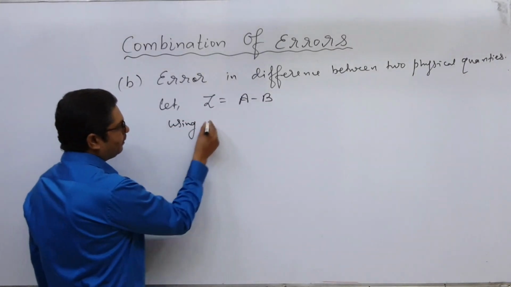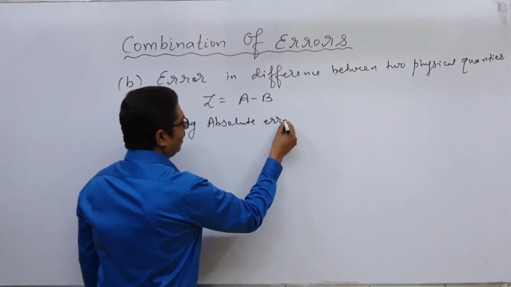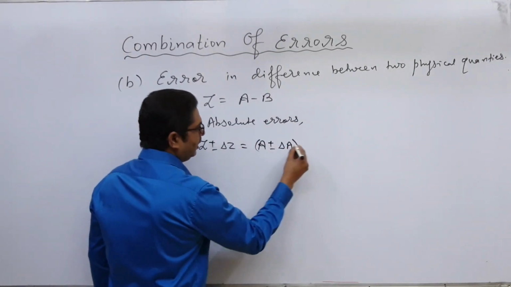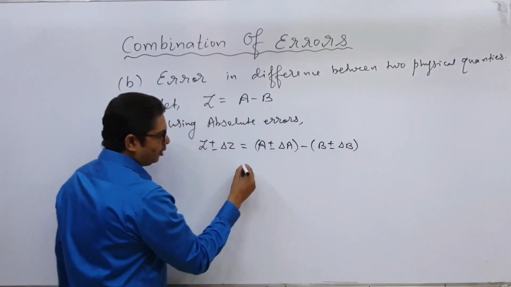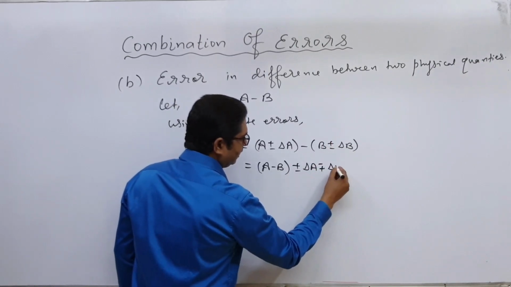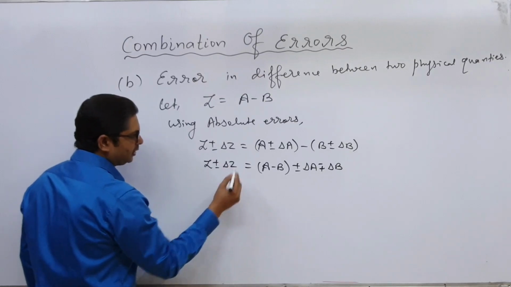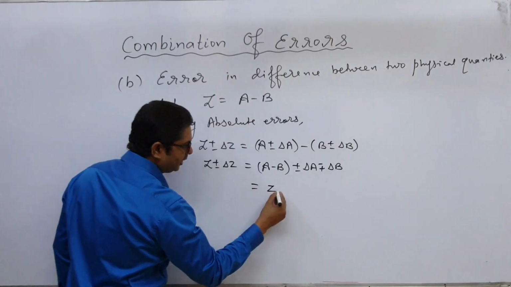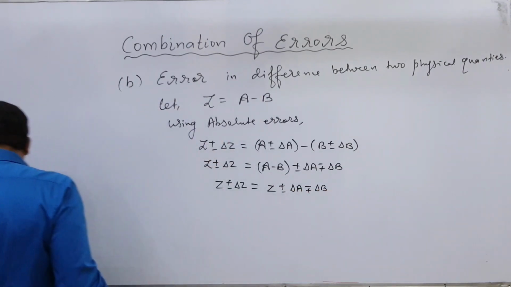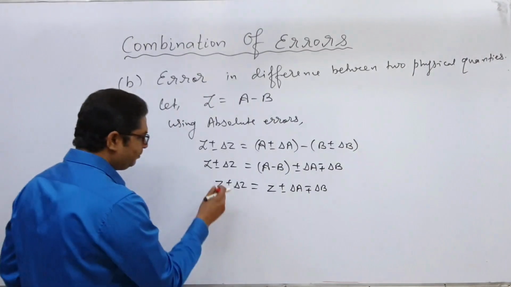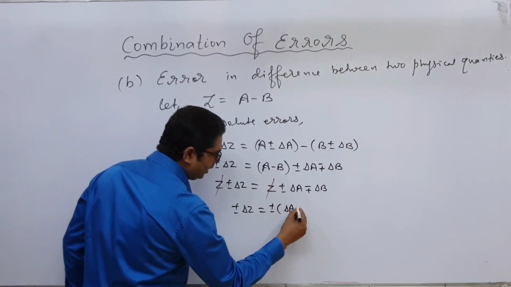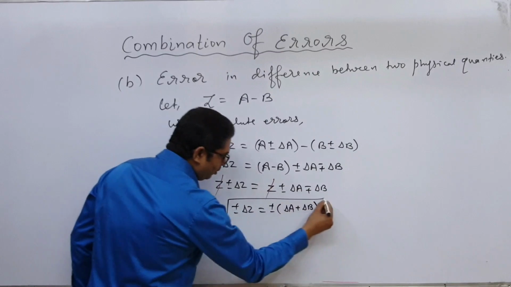Using absolute errors, you can write Z plus minus delta Z is equal to A plus minus delta A, here a minus sign, B plus minus delta B. Now here you can write A minus B, and this side plus minus delta A, this minus sign makes it minus plus delta B, and this side you have Z plus minus delta Z. Now A minus B is Z, so here you can again write Z, and this side Z plus minus delta Z, here plus minus delta A minus plus delta B. Now again you will see the same thing, that you are going to cancel this Z. So you have plus minus delta Z, take out this plus minus, so you have delta A plus delta B. What you are saying?